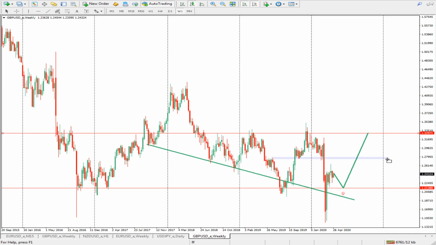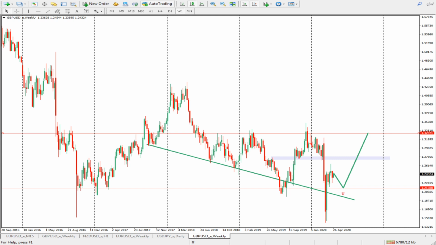If the price goes above that point, then that will mean we are continuing to the upper side. Therefore we will only wait for price to retrace back so that we can pick a sell. So as it is now, we are still into a sell, but only when the price gets to this level here, the opening price of the previous week's candle, which is this one.